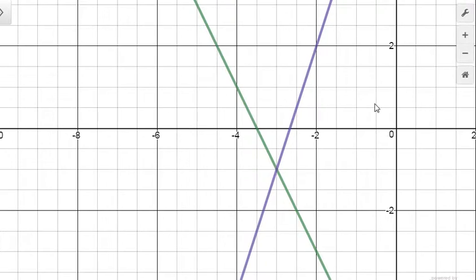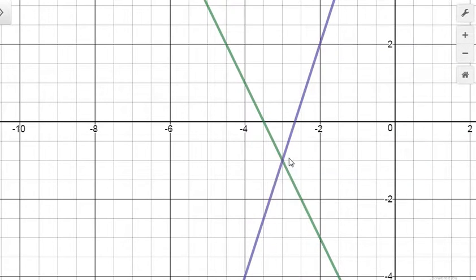And perfect. Take a look where these two lines cross each other. Right there at negative 3 and negative 1. So it's nice. Even though we don't have to look at the underlying graph anymore, it's still nice to see that the two lines cross each other.